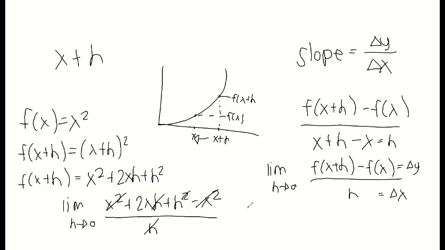So the simplified looks like this. Limit as h goes to 0 for 2x plus h. And if we follow the laws of limits, this would allow us to just get 2x, which is our derivative. This is just a basic introduction to the derivative, which will be used very often in calculus.